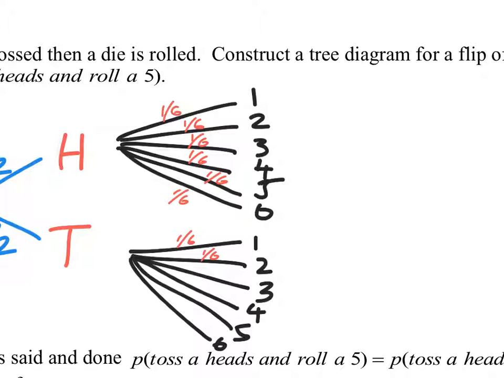It kind of stinks because you have to write all these probabilities in anytime you make a tree diagram. If it were 3 flips of a coin and 3 rolls of a die, it would take the better part of the day, I think. So each one of these would have a corresponding probability associated with it.